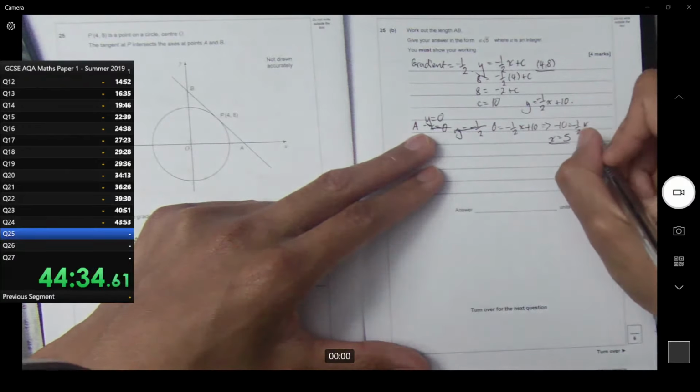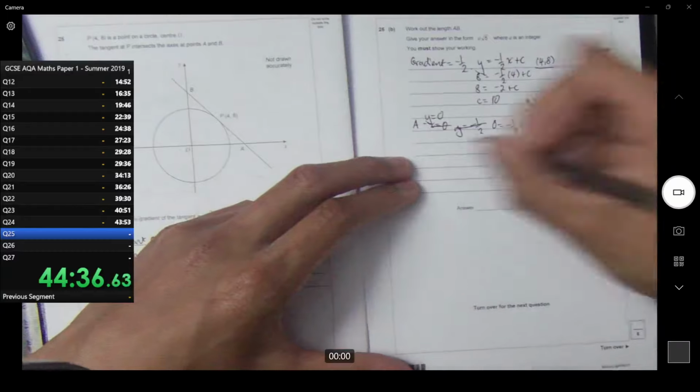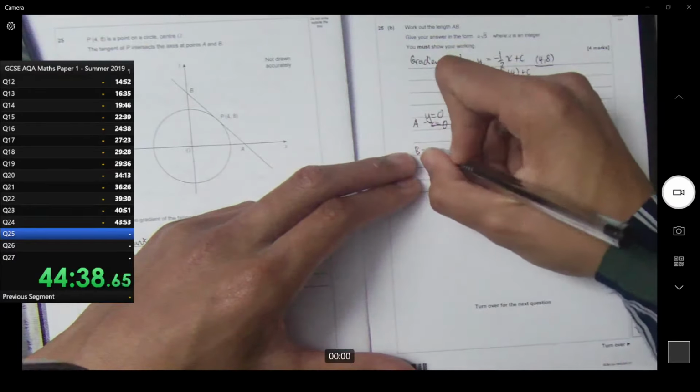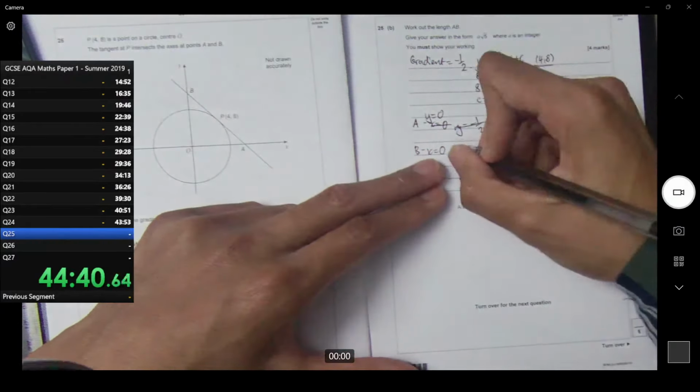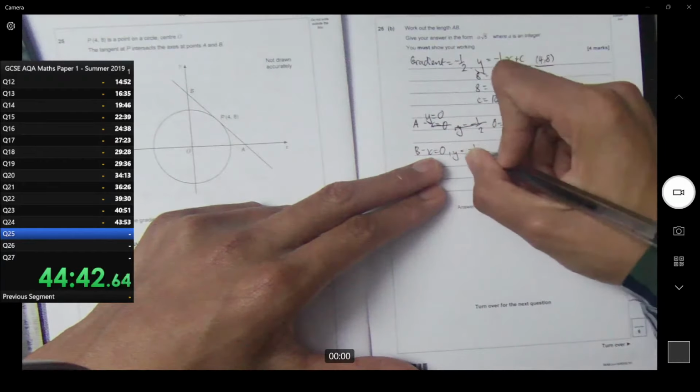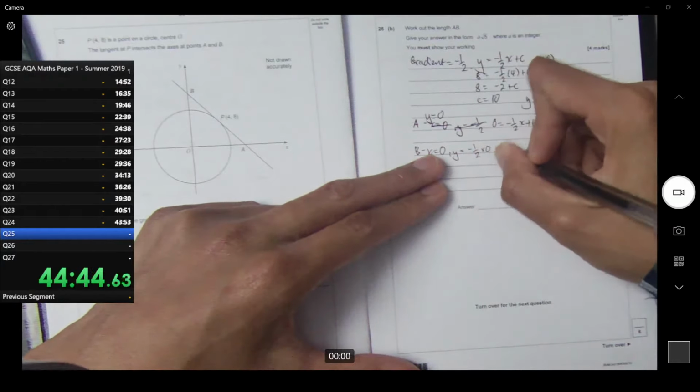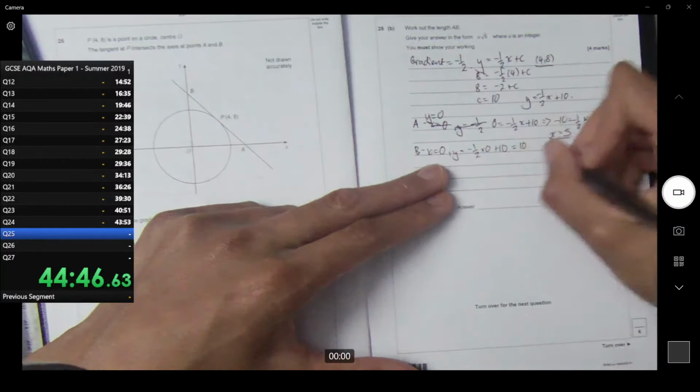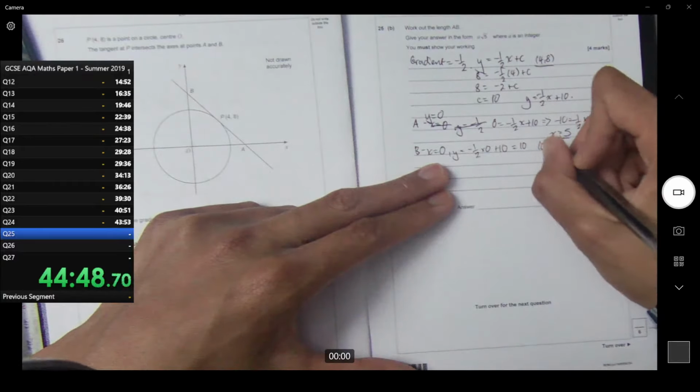So that's the point 5, 0. And point B, x is 0 there. So y equals minus a half times 0 plus 10. That's 10. So that's the point 0, 10.